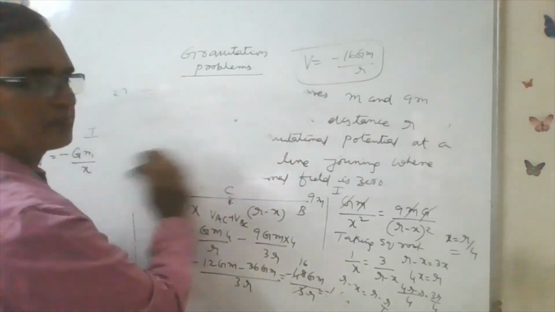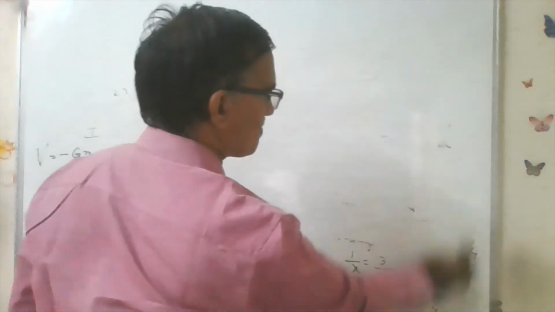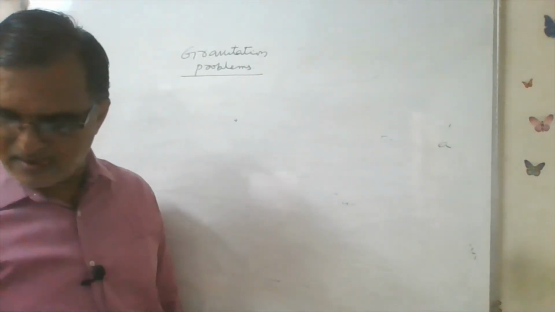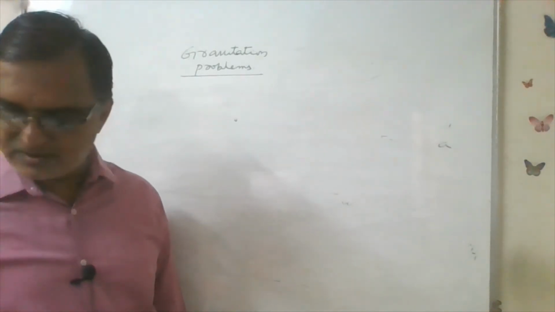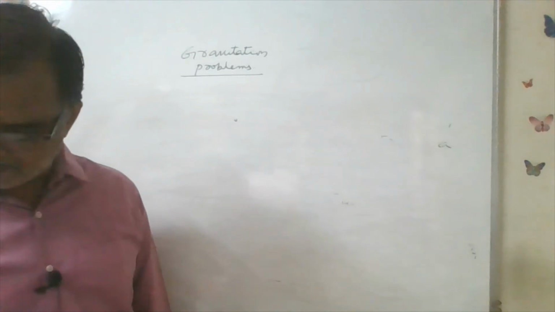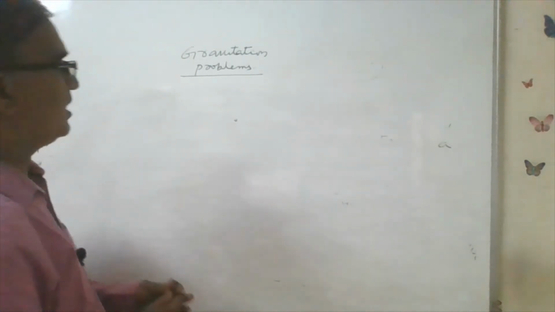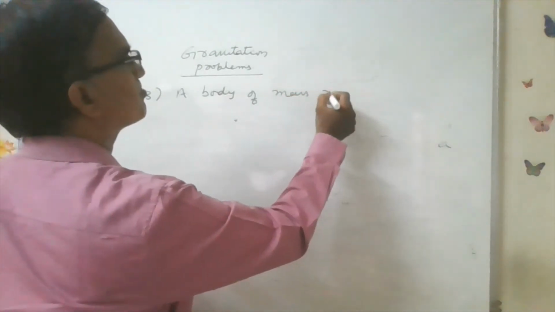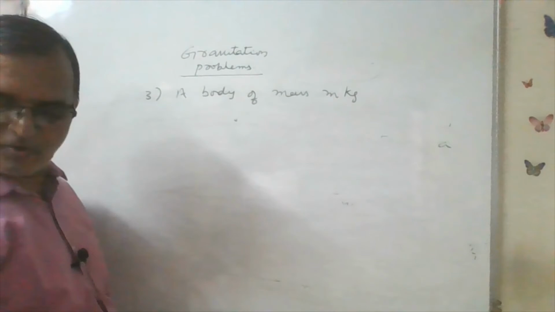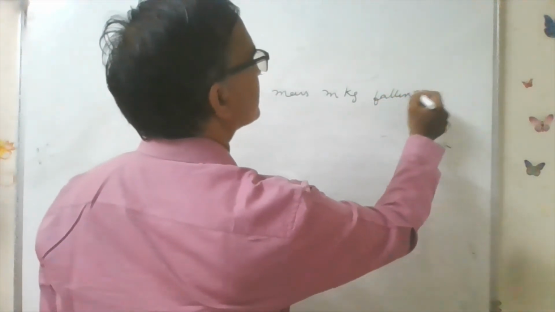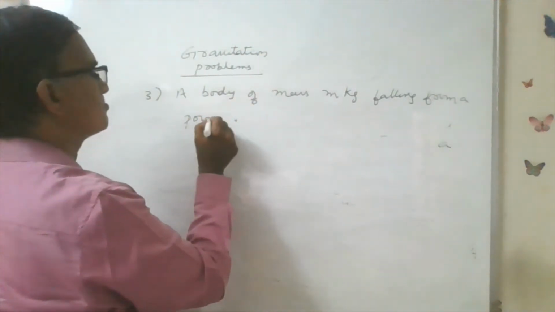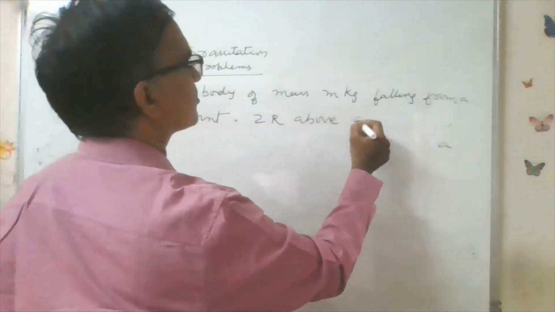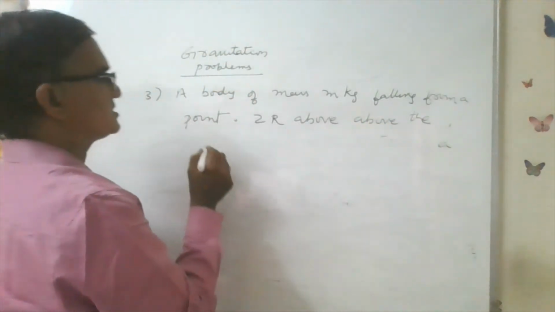And next we have got another problem. A body of mass m kg falling from a point 2r above the surface of the earth.